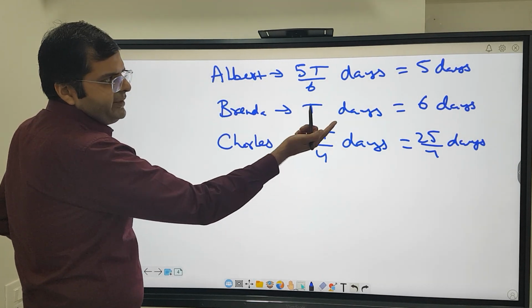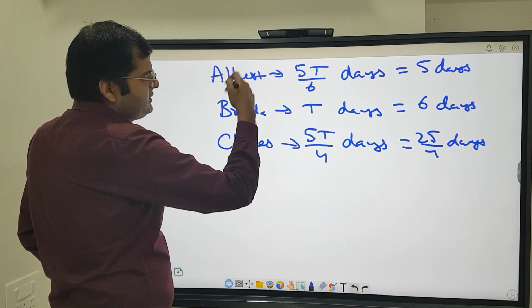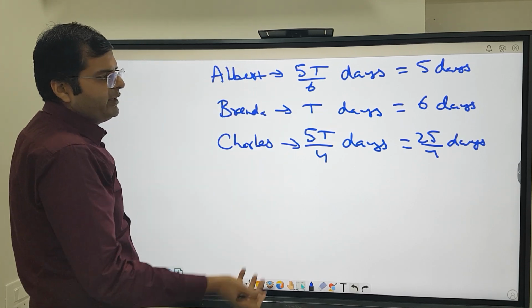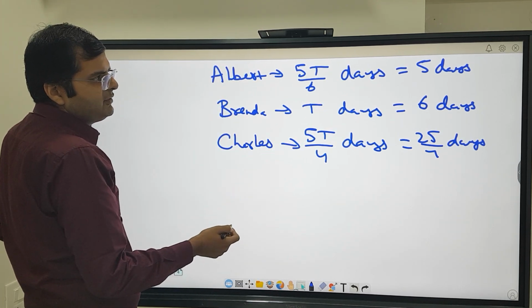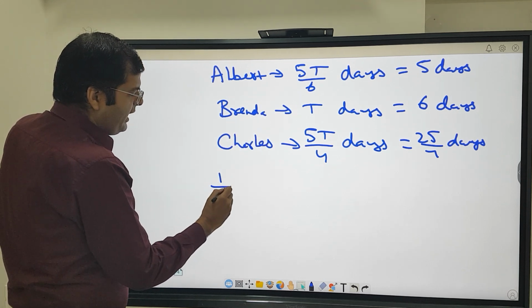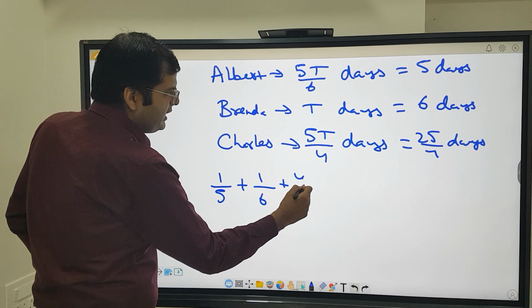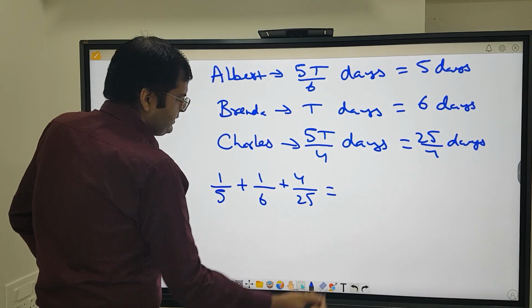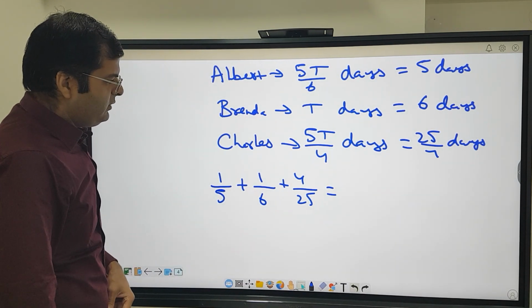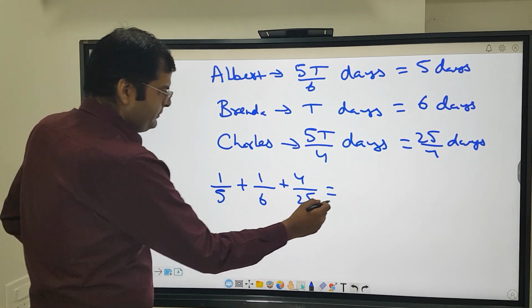So now the question becomes very simple. All three, Albert, Brenda and Charles, work together. You have to figure out how many days it will take to finish the task. In one day, Albert will do 1/5 of the task, Brenda will do 1/6 of the task, and Charles will do 4 by 25th of the task. Now the LCM of that will be 150.